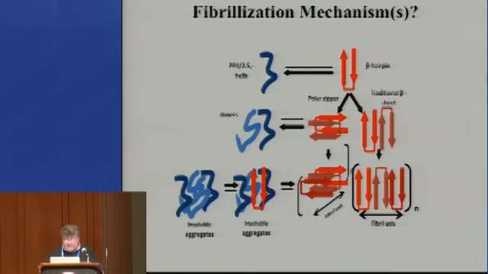And there's a specific type of fibril that forms, maybe more than one fibril that forms. And the question is, through what mechanism does this occur? I'm just showing you an overview of the possible mechanisms, and I'm telling you ahead of time what we've recently discovered in one set of poly-Q peptides.